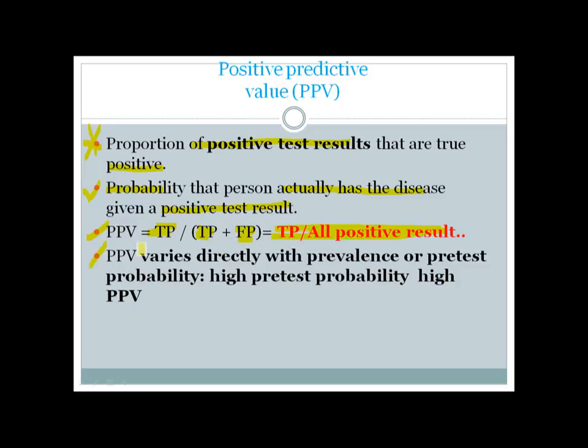And PPV actually varies according to prevalence or pretest probability, and whenever there is a high pretest probability of a disease or high prevalence of a disease in a community, there will be high PPV. Suppose a patient from Bangladesh, whenever you test him or her for cholera, there is a high PPV for being diagnosed as a cholera patient, because cholera is a highly prevalent disease in Bangladesh.